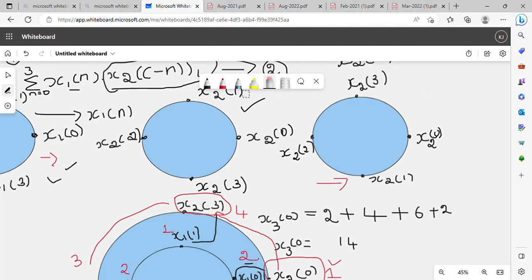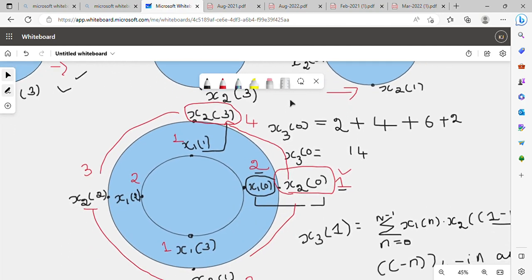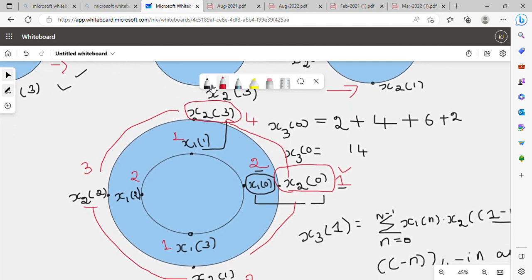Now the next thing you have to do is take x3 of 0. Here you need to learn one trick. What is that? You are going to write x1 of n as a circle first, and then outside that you are going to write x2 of n, right?